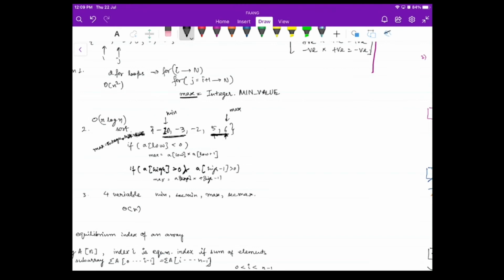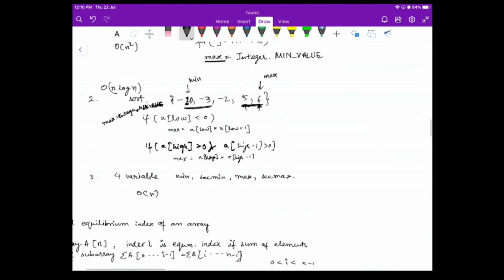So what we will do is, if a of low, the minimum, is less than 0, we check the maximum as well. If that number is negative, it will work.